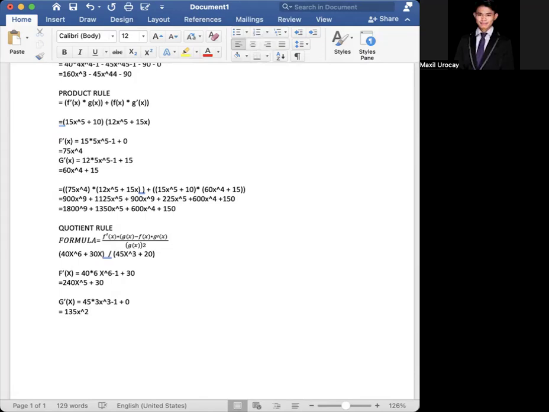Now, for the formula already given there, this is your formula. We just have to fill it out. So first will be your f prime of x. F prime of x is 240x to the power of 5 plus 30.